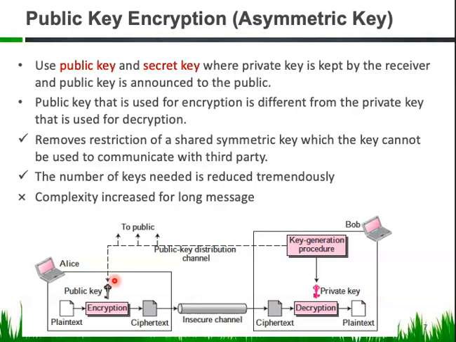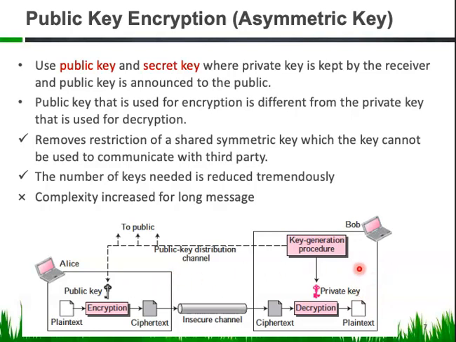In this example, Alice can use Bob's public key to send encrypted messages to Bob, which Bob will decrypt using his own private key. If Bob wants to send a message to Alice, then Bob needs to use Alice's public key.